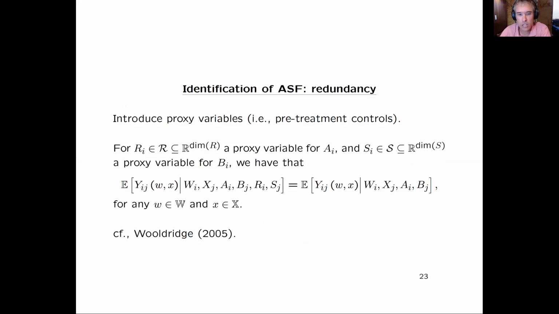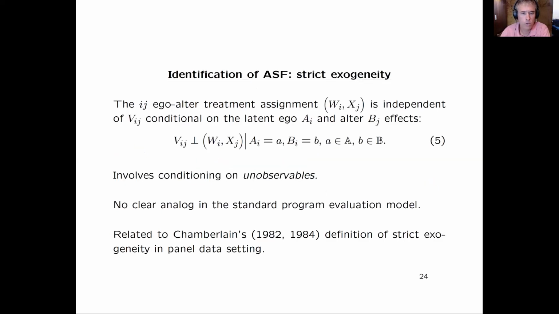What I'm going to do is posit the existence of two proxy variables, a proxy variable for the exporter effect, which will be Ri, and a proxy variable for the importer effect, which will be Si. And we're going to make a couple assumptions. The first one is a redundancy assumption, which is in some sense almost a product of my notation. So in the interest of time, I'll skip it. And I want to focus on the two assumptions which are more substantive.